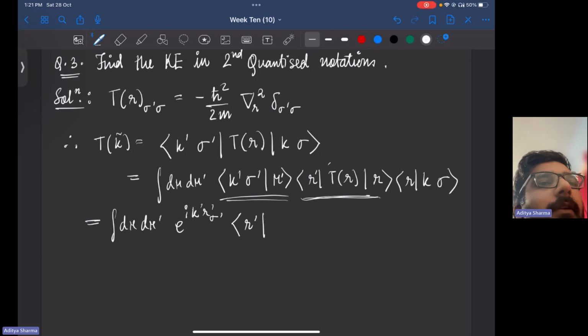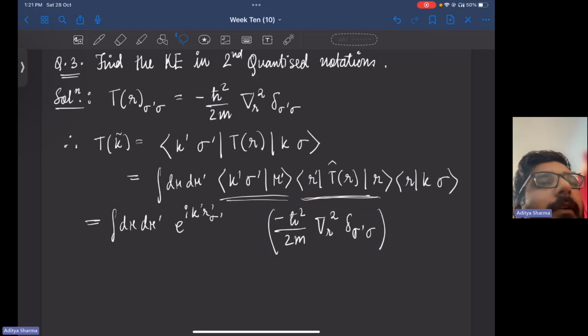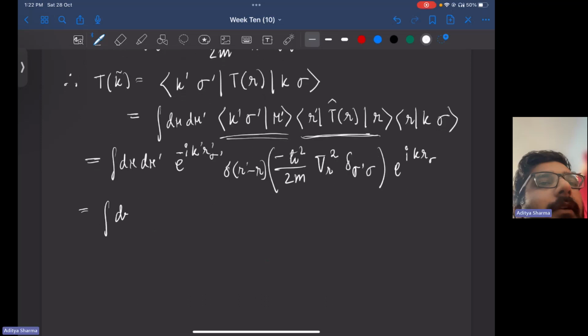So this operator is in the position basis. In the position basis, I'm going to get minus h cut square by 2m del r square, sigma prime sigma, and you have a Dirac delta of r prime minus r. So this gives you k prime r sigma.